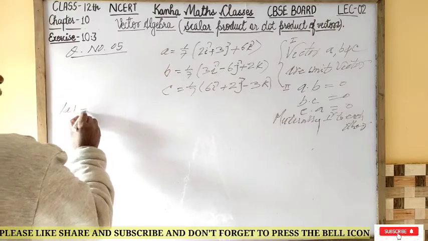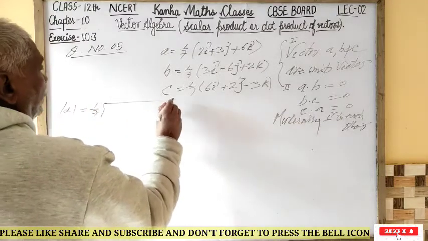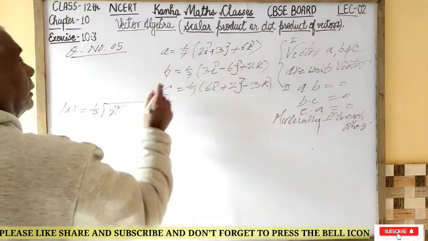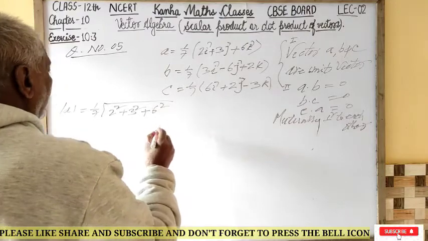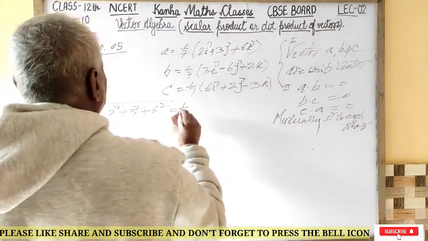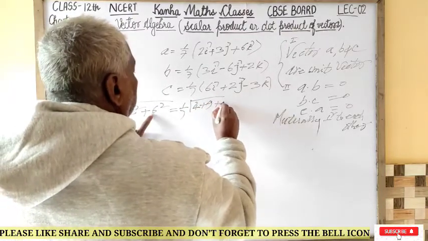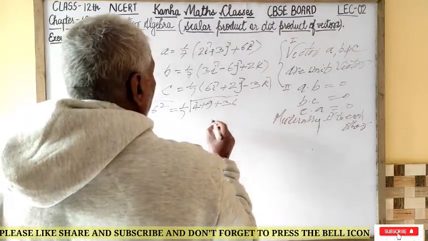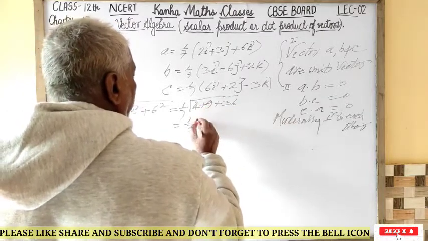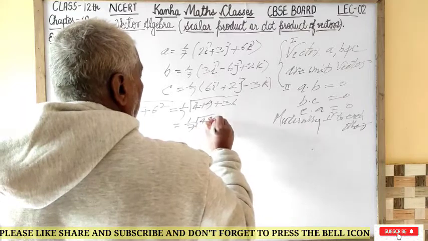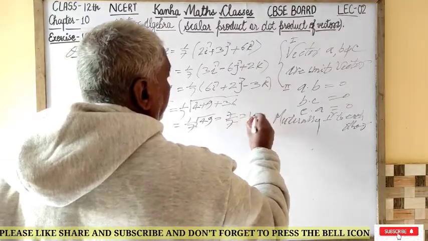Mod of A will be equal to 1 by 7 under root 2 square plus 3 square plus 6 square, that is 1 by 7 under root 4 plus 9 plus 36. 4 plus 36 is 40, plus 9 is 49, under root 49 means 7. So 7 by 7 gives 1.